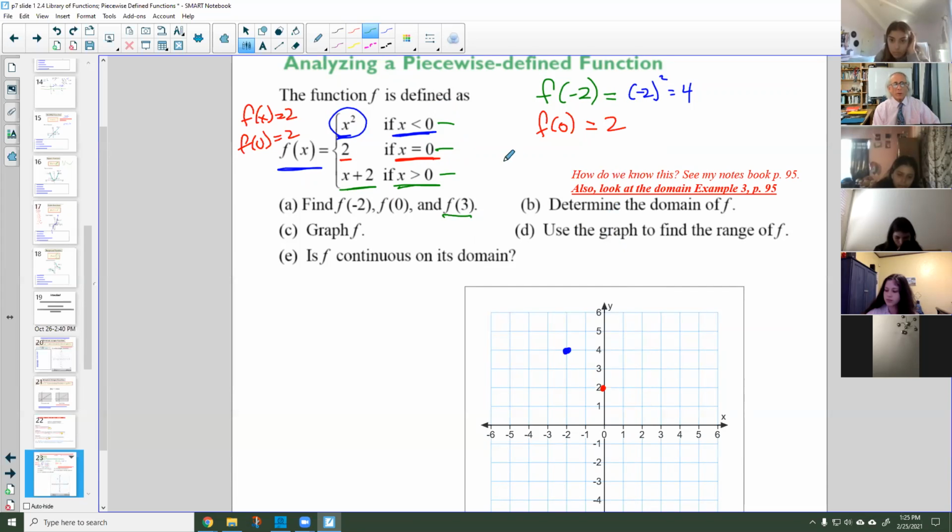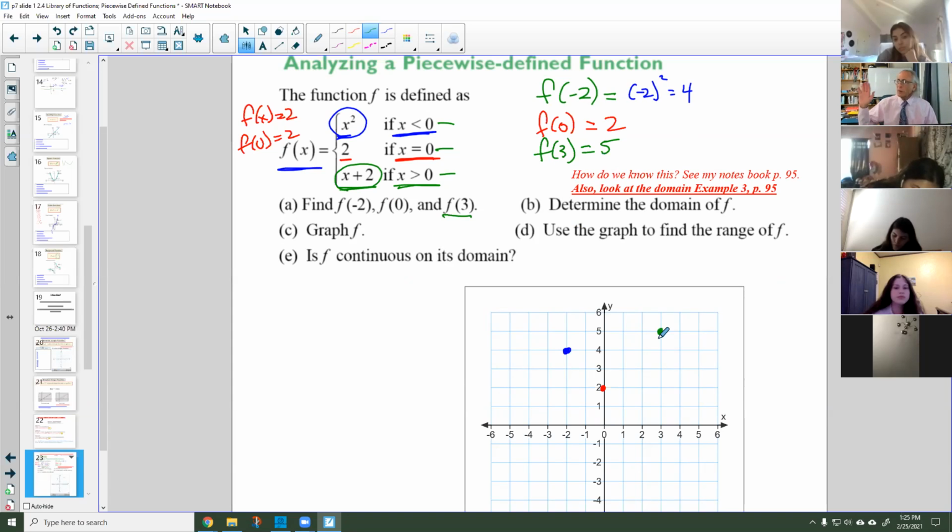It's in the bottom one, because these are for my x is greater than 0. So f of 3 equals what, Marissa? 5. Very good. Because this is the function I'm using. So 3 plus 2 equals 5. So I have the point 3, 5. So those are 3 pieces, 3 points on my function.